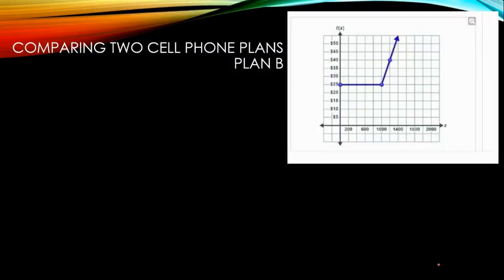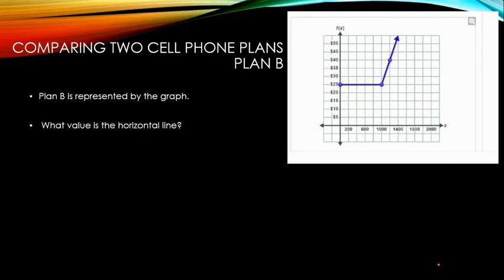Let's take a look at Plan B. For Plan B, they just give you a graph to look at. So that means we have to recreate our piecewise function by taking information off of the graph. So what is the value of the horizontal line?